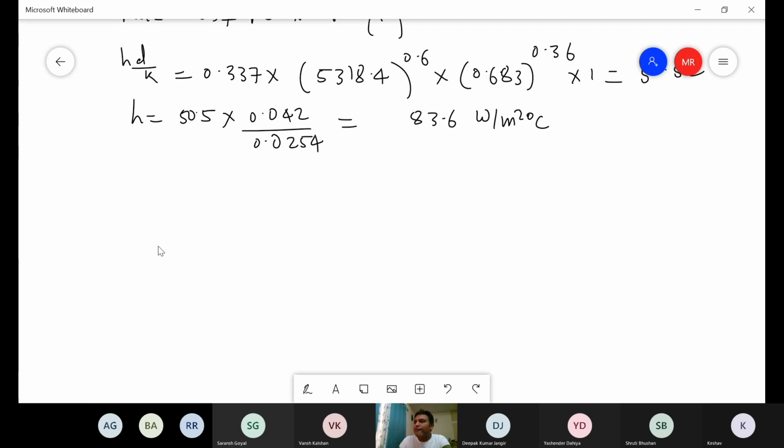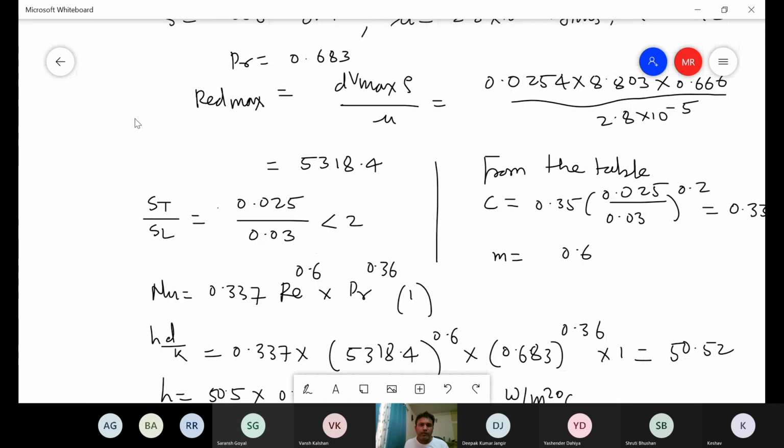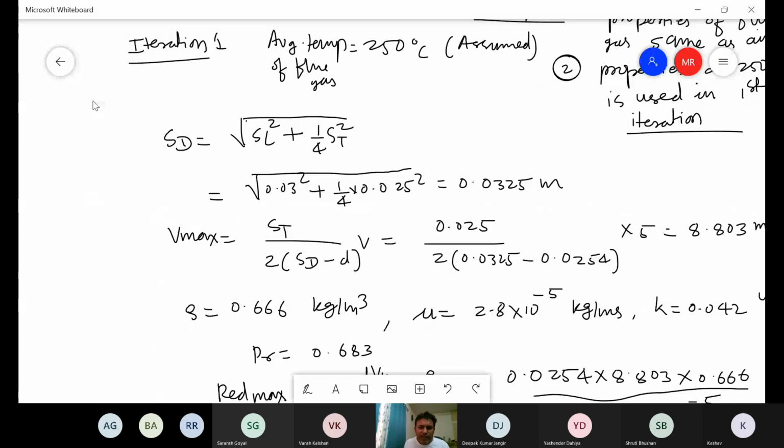But here we know only the velocity and the density; we don't know the mass flow rate. So we can calculate that based on the cross sectional area and other things given. Okay, so let us find out the cross sectional area. Maybe I'll go back to explain this further. What I'm trying to say is, we wanted to find out the cross sectional area here.